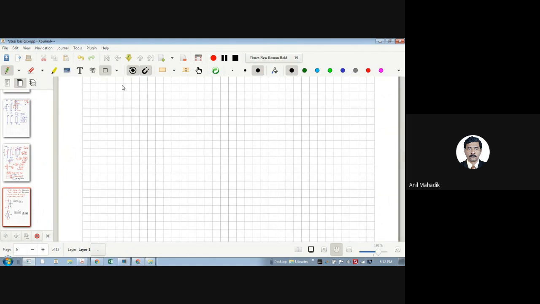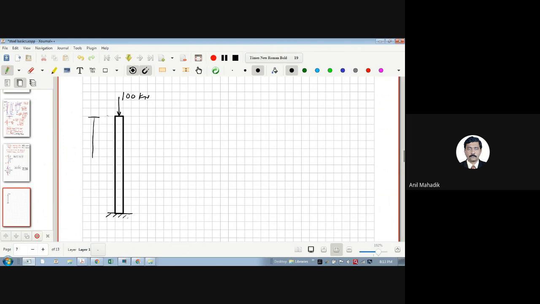Let's take an example and design the compression member. Let's say we have a square rod. I'm taking a simple example for training purposes. You can take any section. Let's say we have a force of 100 kilonewton, and let's say this is your fixed condition.